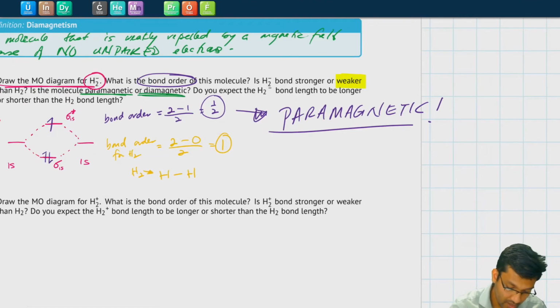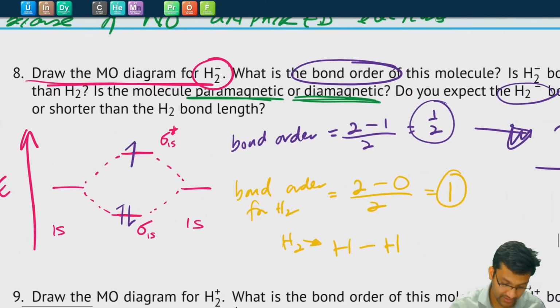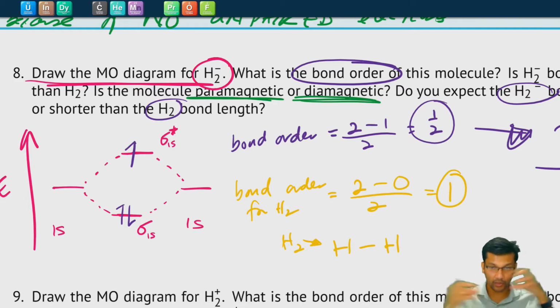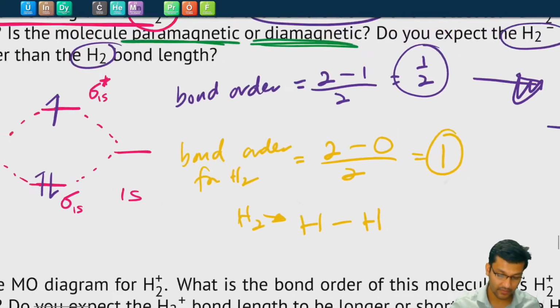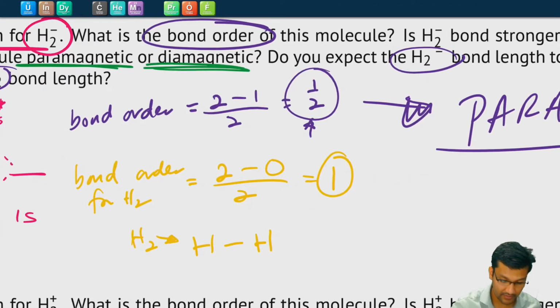All right, what about bond length? Would the H2 minus bond length be longer or shorter than H2? Well, we talked about how when something has more bonds, the bonds are stronger and it pulls the atoms together more. So if H2 minus has a weaker bond, because there's only half a bond, then the bond would be longer.